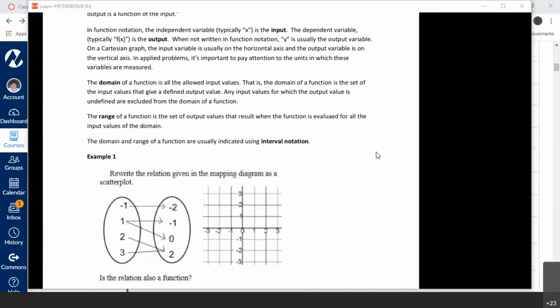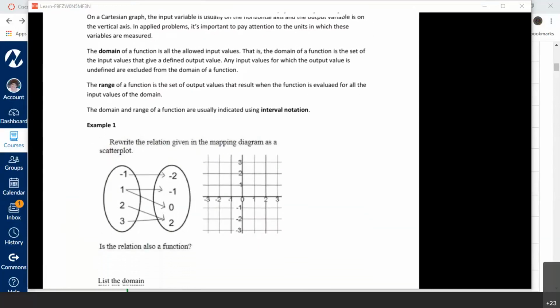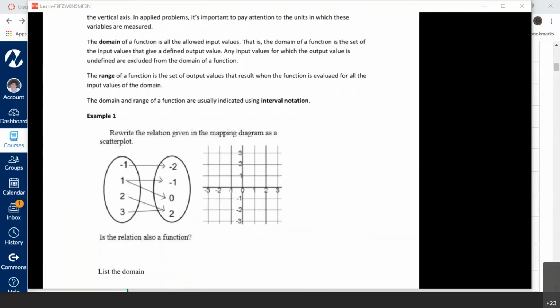It's what comes out of the function once you plug in all the allowed inputs, the things that give you defined outputs. So domain and range are typically indicated with interval notation. Like for example, now hopefully everybody can see me writing here. Here's a domain.